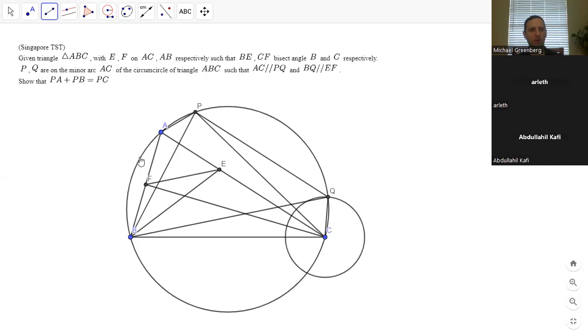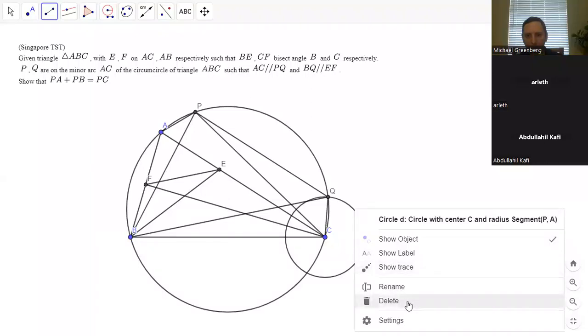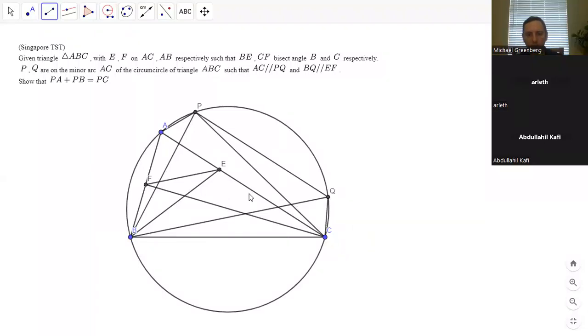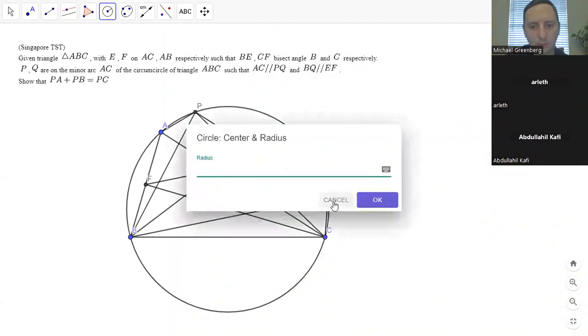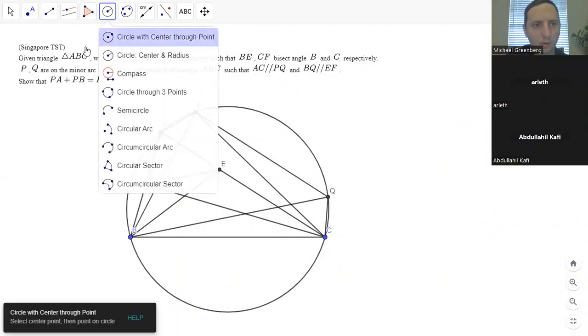Not the intersection of PC with the circle. Sorry, you remove the circle. Center at C with radius CQ, and see where it intersects the circle.